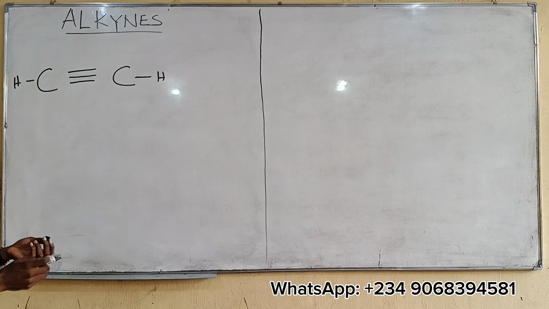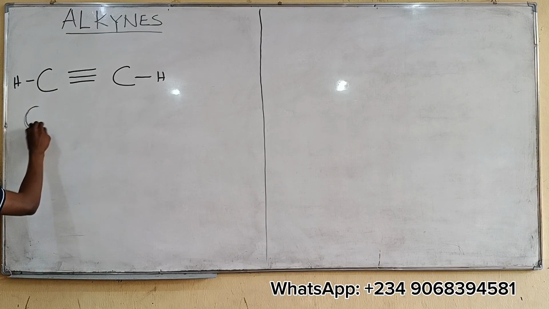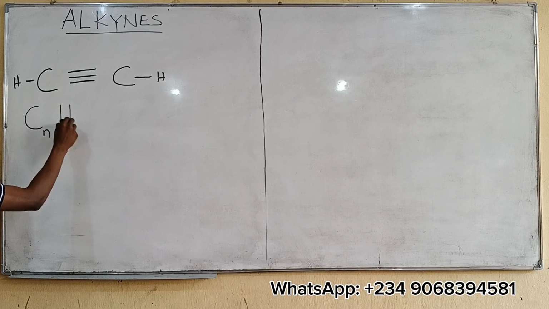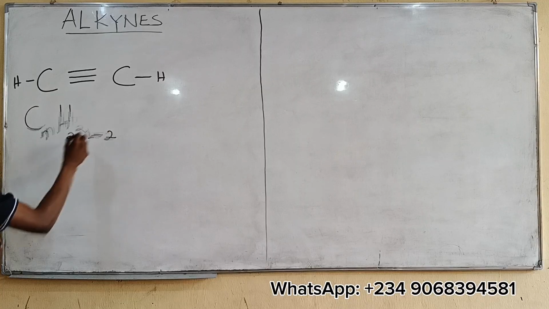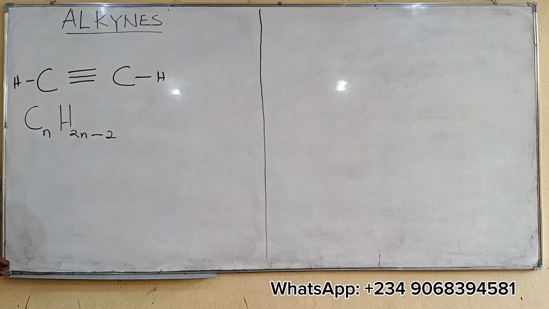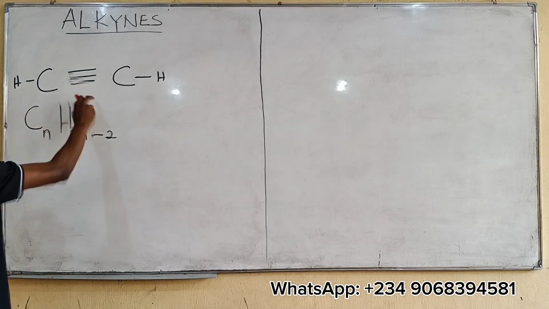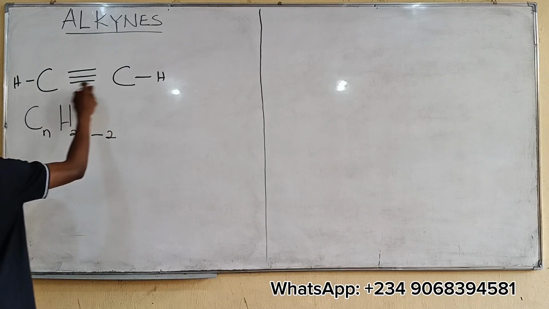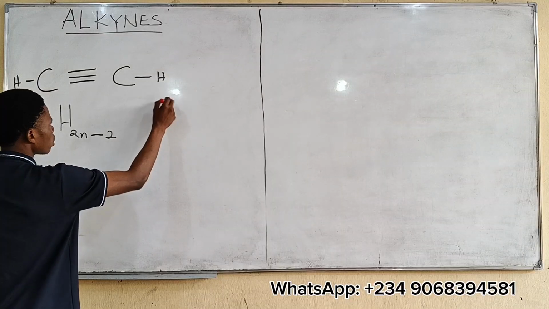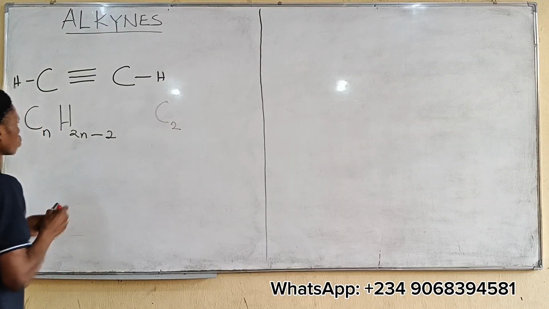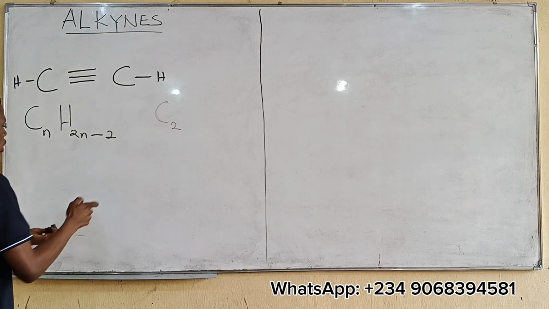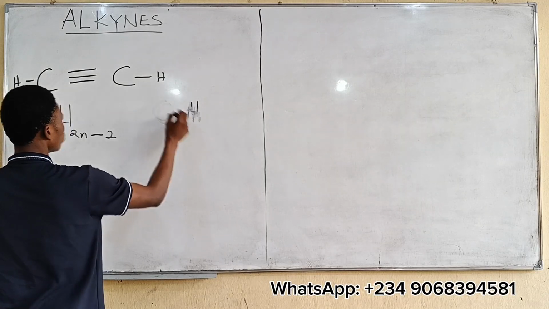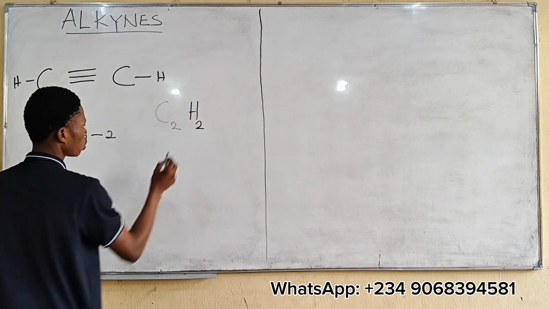Now the general formula of the alkyne is CnH2n minus 2. How is that so? Let's use this other example I have on the board to check if this formula is actually correct. Here we are having 2 carbons, that is C2, and H2, is it not?